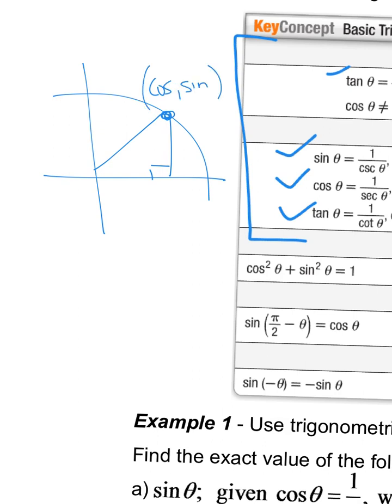We have our x coordinate and our y coordinate, so cosine's the x value and sine's the y value. If we just do Pythagorean's theorem, sine squared plus cosine squared equals 1 squared. Again, the radius of our unit circle is 1. This first identity should make a lot of sense.